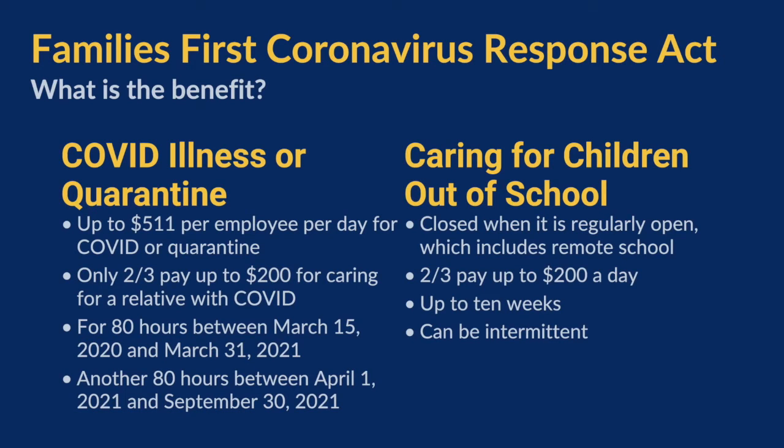There are two different pools of time that you could use for this. From March 15th, 2020 to March 31st, 2021, you got 80 hours. And from April 1st, 2021 to September 30th, 2021, you get another 80 hours. For example, in a different state, we worked with a provider who needed 2 weeks off in January 2021.